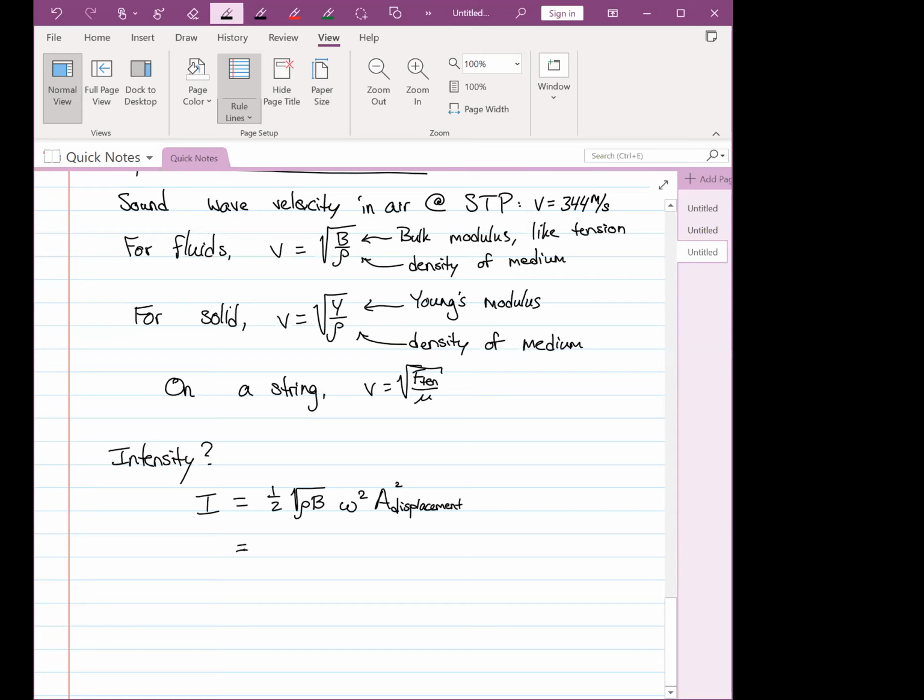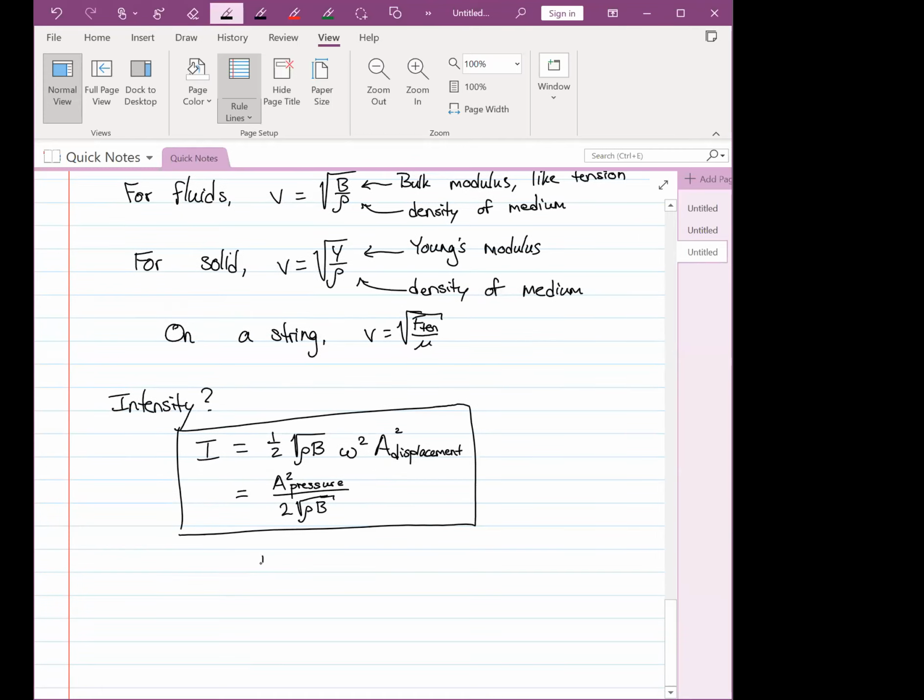But this can also be written in terms of the amplitude of the pressure wave, as the pressure amplitude squared divided by 2 times the square root of rho B, because you can always describe a sound wave as either a pressure wave or a displacement wave, and they're just different ways of representing the same thing. So this is a formula for the intensity of a sound wave, written in terms of its displacement amplitude or its pressure amplitude.